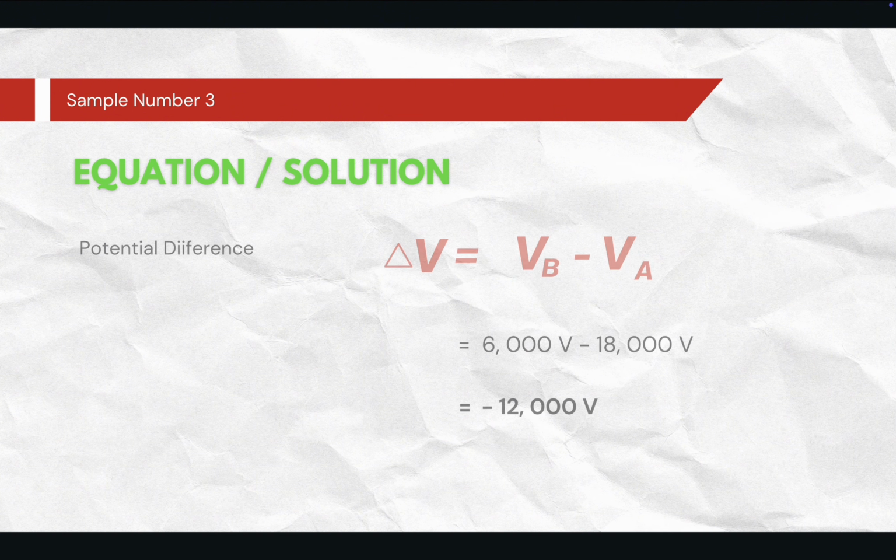So, i-minus natin yung point B sa point A. So, 6,000 V minus 18,000 V is equal to negative 12,000 V. So, yun yung potential difference ng sample number 3.